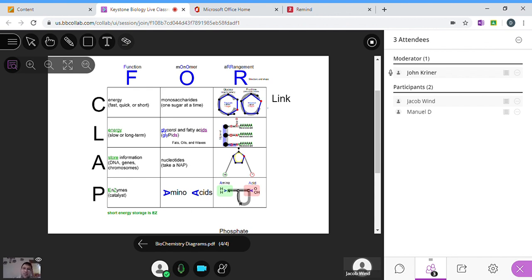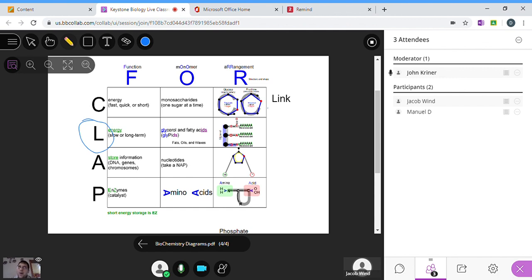So let's move on. The second macromolecule of life, lipids, and that's right here with the L. What do lipids do? Lipids have a long list of functions, but I'm only going to give you one here, and that is energy. You can turn lipids, also known as fats, oils, and waxes, into ATP.